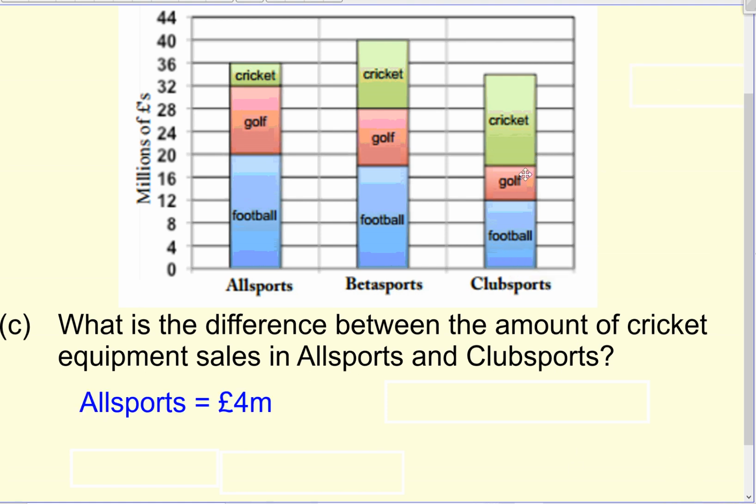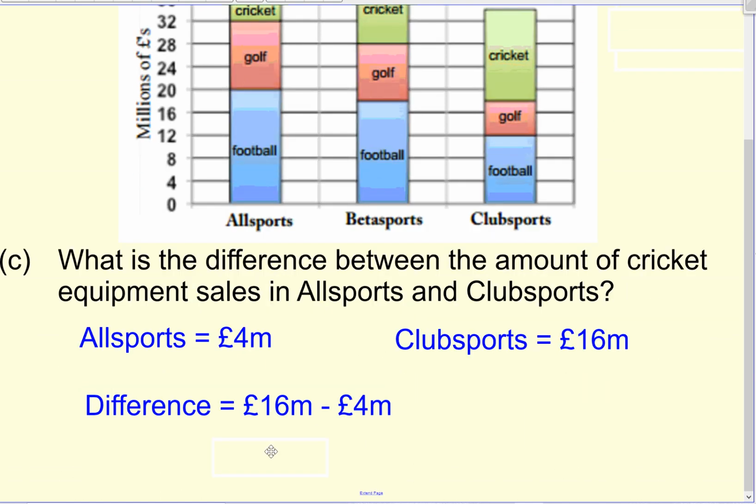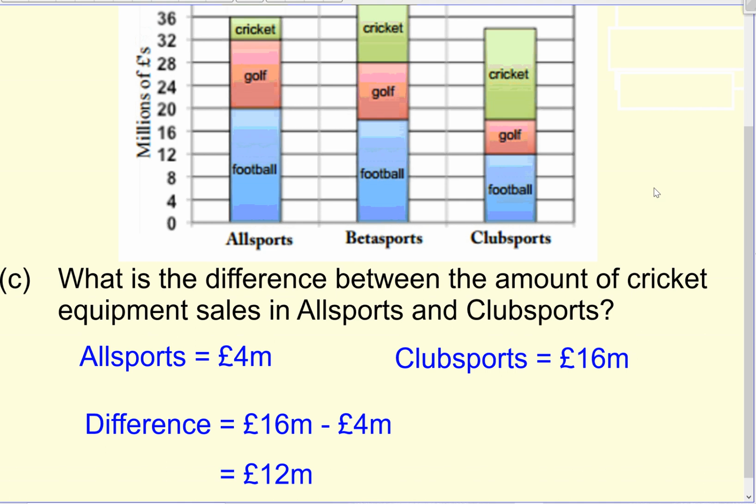In Club Sports, you can see that it starts at between 16 and 20, which is £18 million, and goes up to £34 million. So that'll end up being 16 million. And for this question, the difference between the amount of sales is whatever Club Sports is take away All Sports, 16 million take away 4 million, which is 12 million pounds.